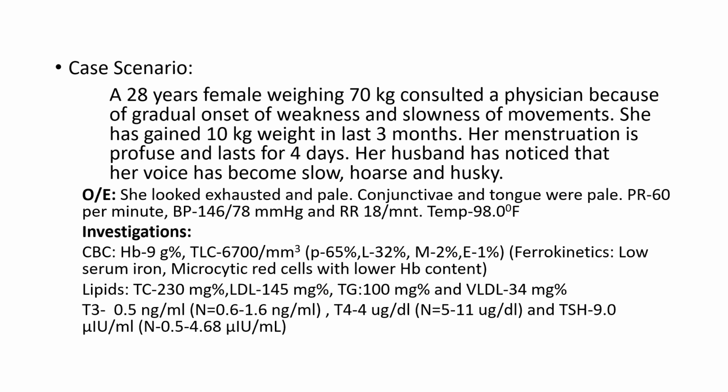She has microcytic hypochromic anemia. Serum cholesterol is raised. Thyroid functions showed derangement and TSH is raised to 9 micro international units per ml, whereas T3, T4 are slightly reduced from normal. So this confirms primary hypothyroidism due to thyroid.